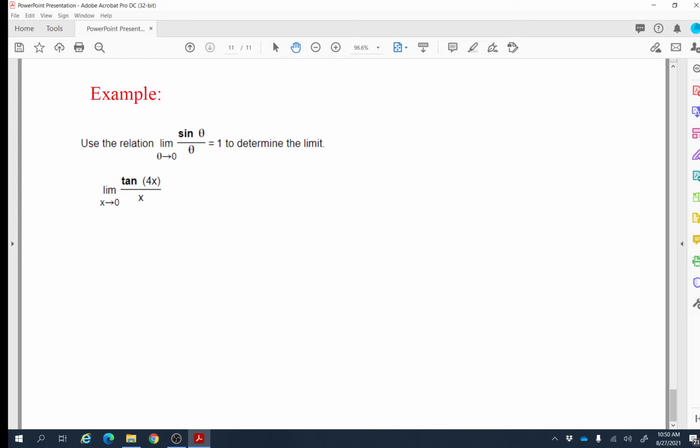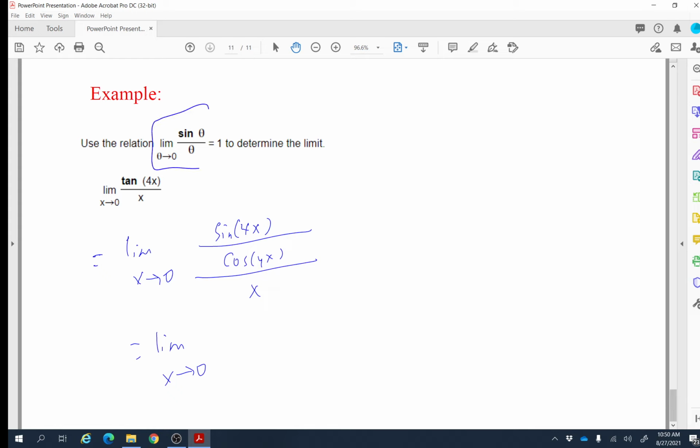We're going to see one example here. Here is tangent 4x over x. Okay, so we know that tangent is actually sine 4x over cosine 4x, over x. So I can rewrite this problem because we need to use this relation.